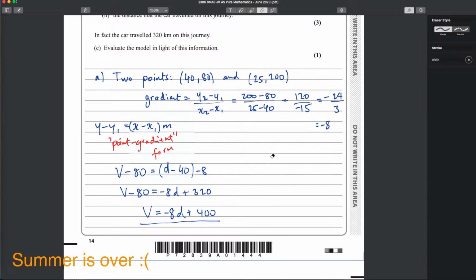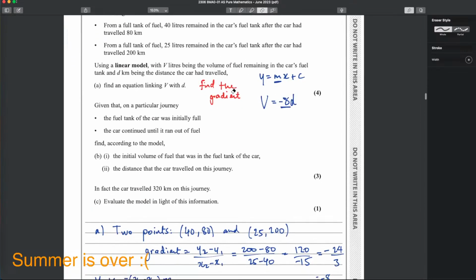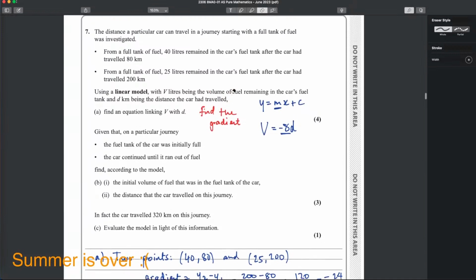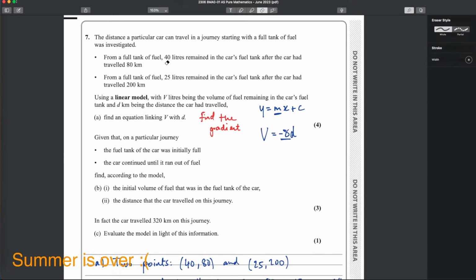Gradient should be positive? 400, but if the tank has a capacity of 400 and 40 liters remain after it's traveled 80 kilometers, that's crazy.